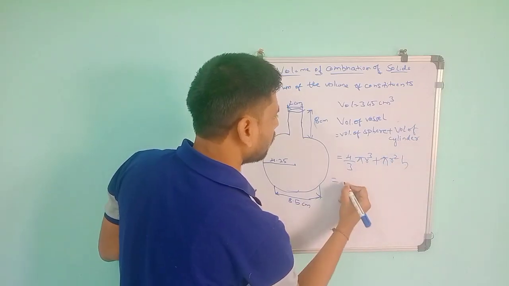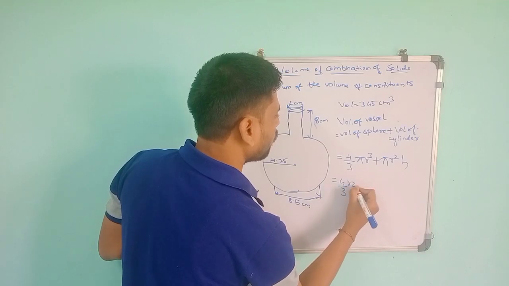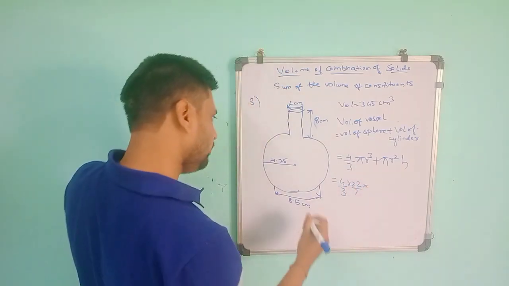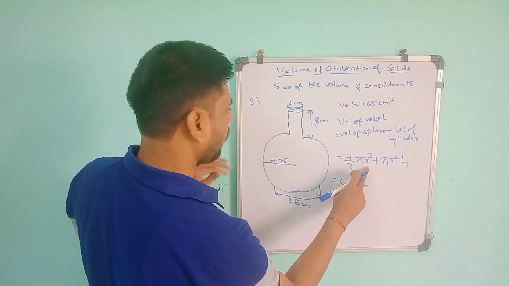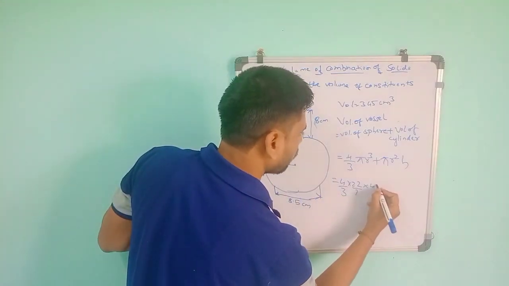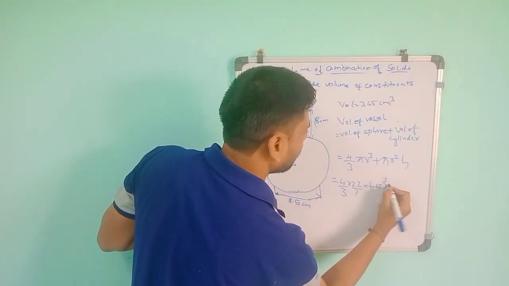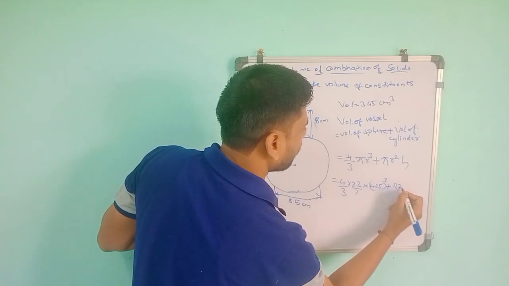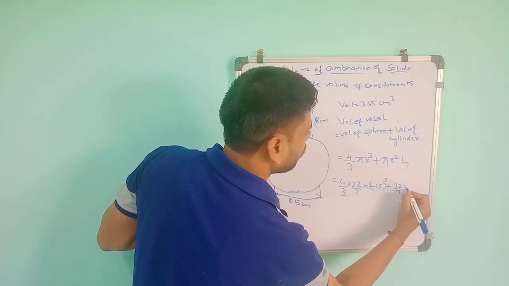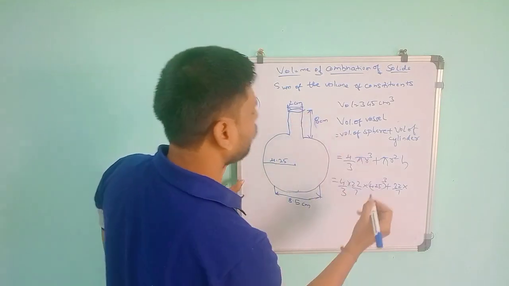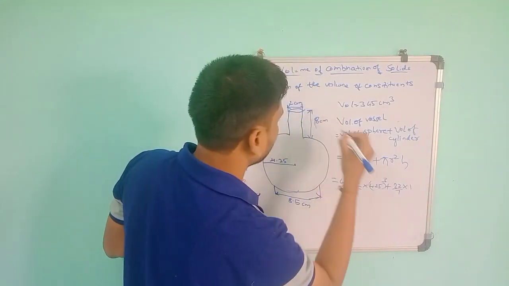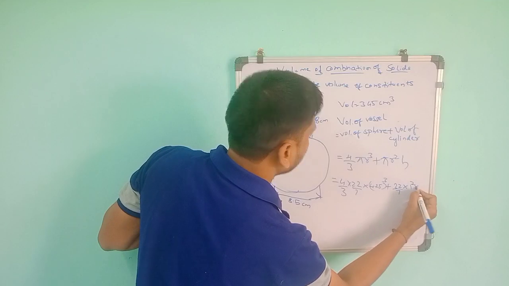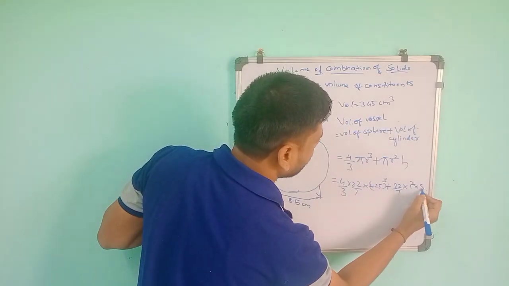So this will be 4 by 3 into 22 by 7 into r, which for the sphere is 4.25, cube, plus 22 by 7 into r here. The diameter is 2, so r will be 1, square, into h, which is given as the length, 8.